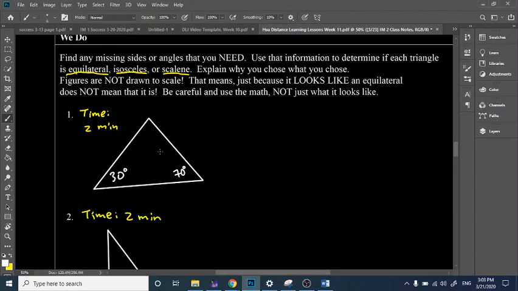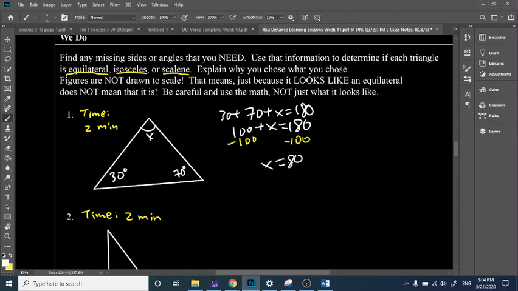Okay, let's check this out. One thing we can do is try to find what's the next angle. 30, 70. So what is this? 30 plus 70 plus x equals 180. So that's 100 plus x equals 180. So that means x has to be 80, because we subtract 100 from both sides. X equals 80. This is not the same as either of those.